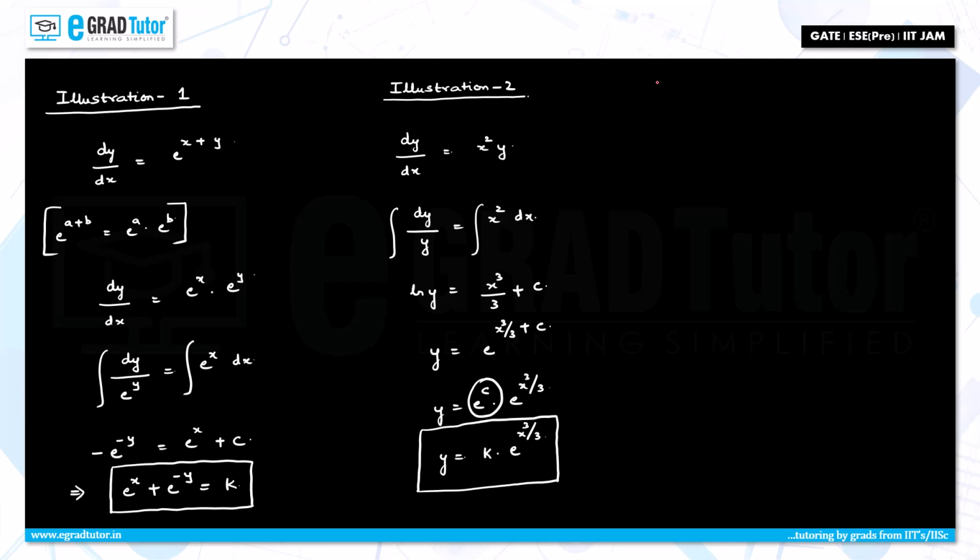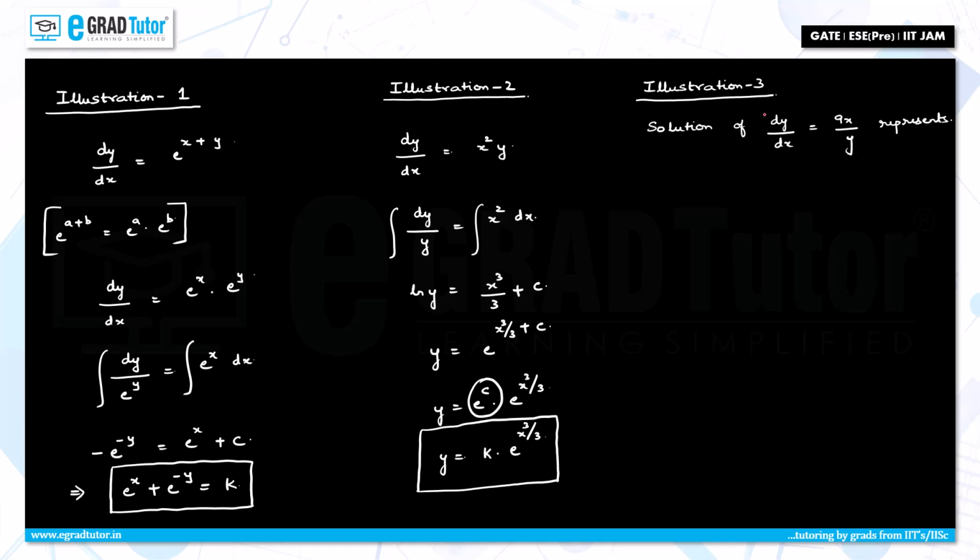Now let's see illustration 3. You may be asked questions like: the solution of dy by dx is equal to 9x by y represents what?